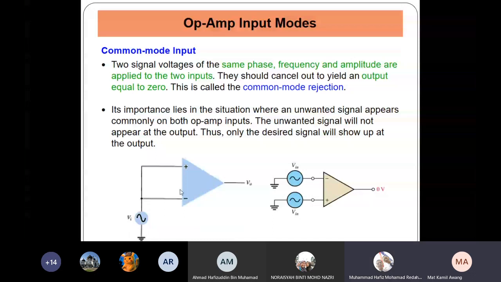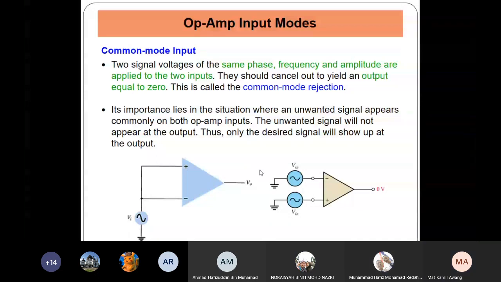Right? Are you sure, sir? Is it ideal, sir? So, because the positive terminal is positive and negative, but the negative terminal is negative, positive.